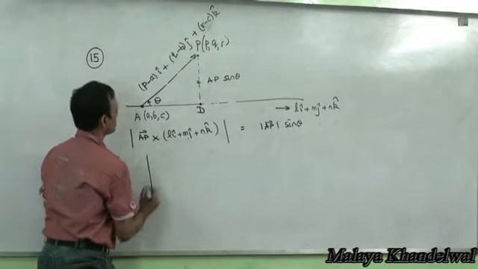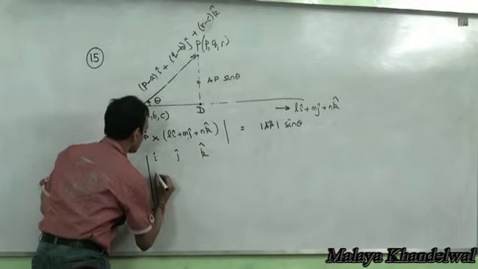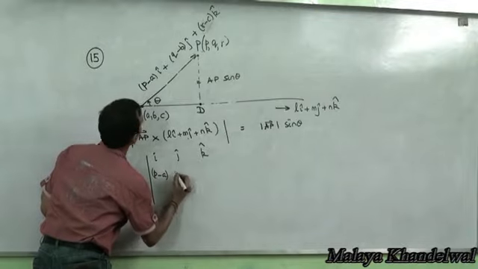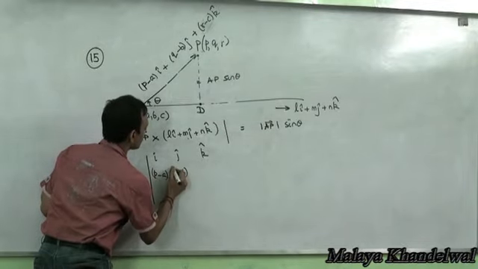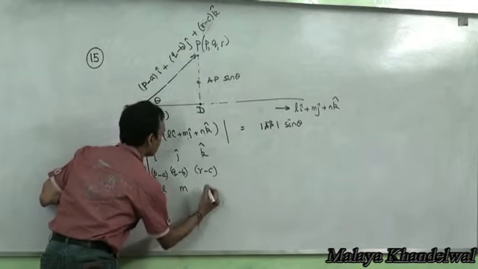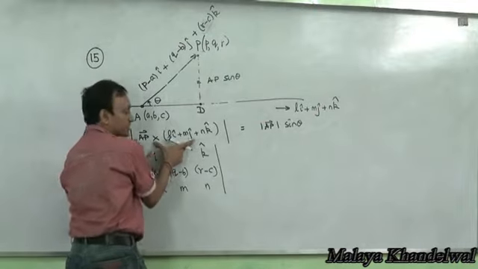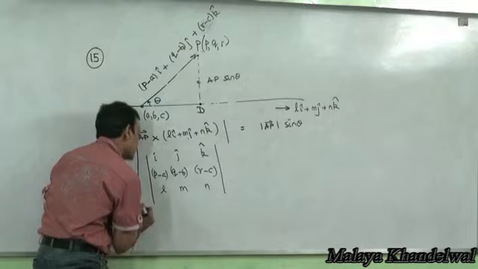That's the vector AP. And AP cross this is this determinant: i, j, k, then P minus A, Q minus B, R minus C, and then L, M, N, isn't it? That's this determinant.